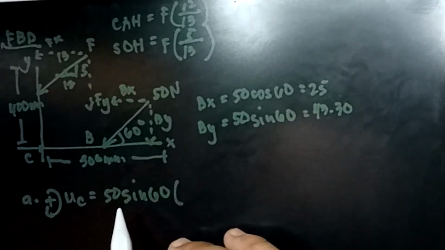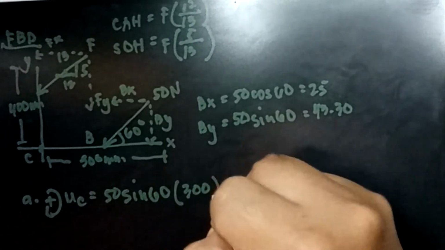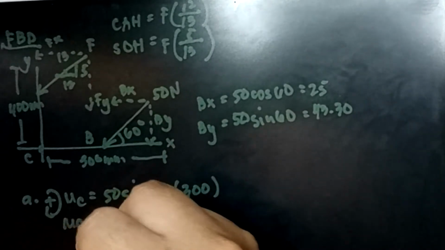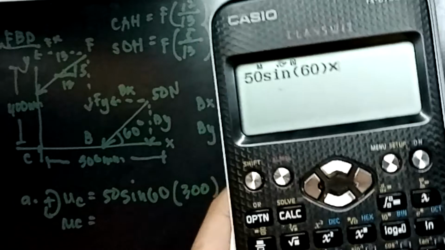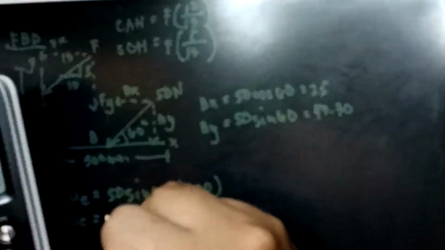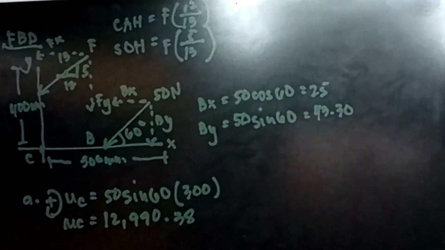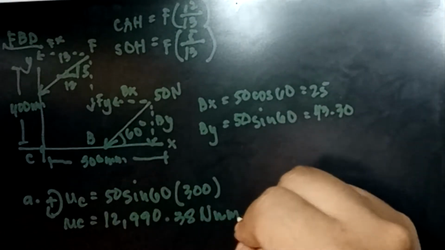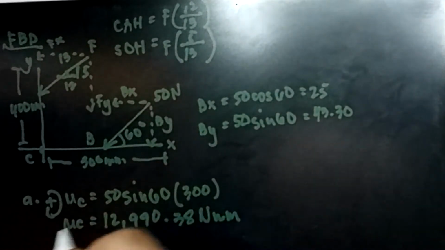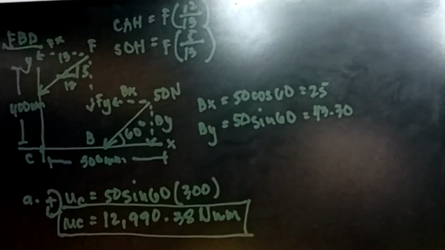So, force times distance is 300 millimeters. So, ang moment natin it creates about the nut at C is 12,990.38. Unit is Newton millimeter. So, ito yung ating answer sa moment it creates about the nut at C.